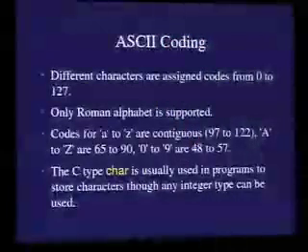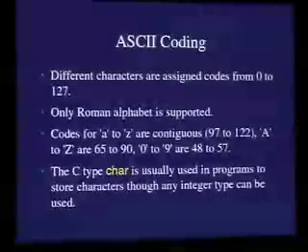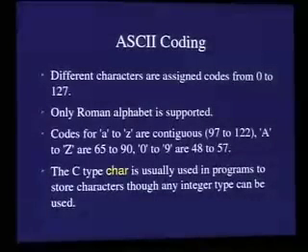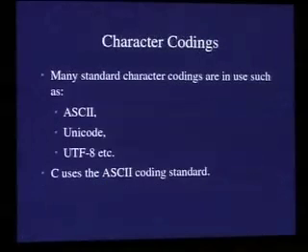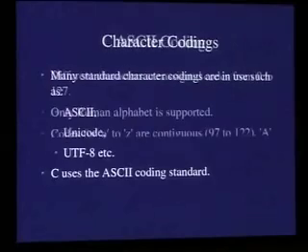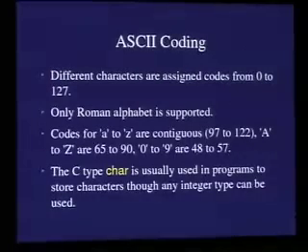So in the ASCII coding, the different characters are assigned codes from 0 to 127. So that means a total of 128 characters can be represented. Only the Roman alphabet is supported. In some of the other coding schemes, for example, in Unicode and UTF-8, you can in fact support characters from many different scripts like Devanagari and many other scripts.